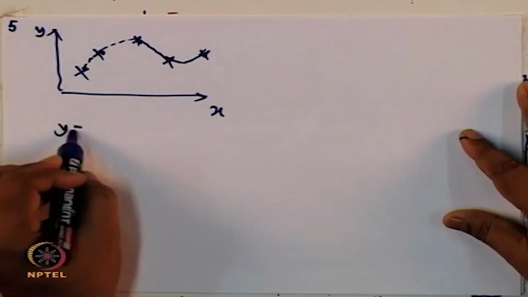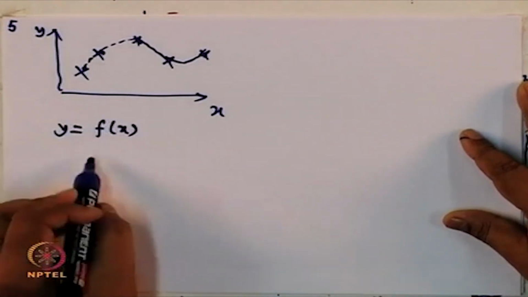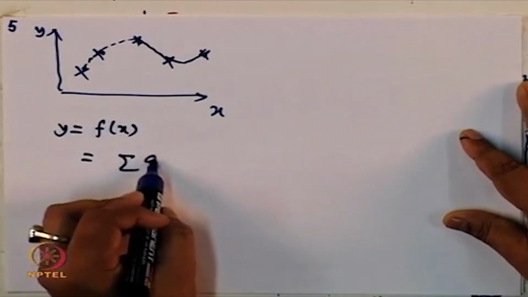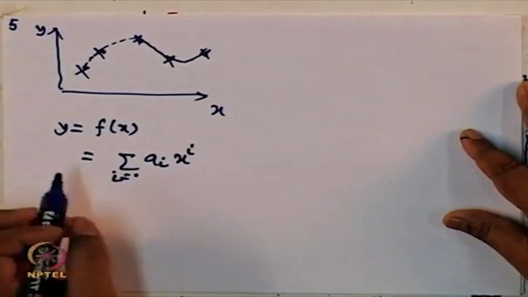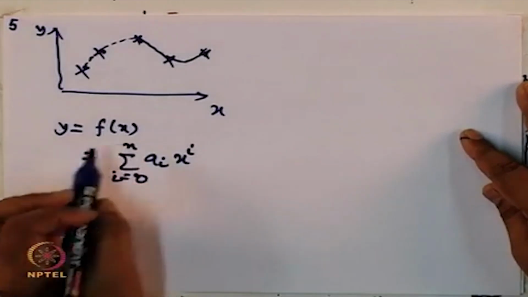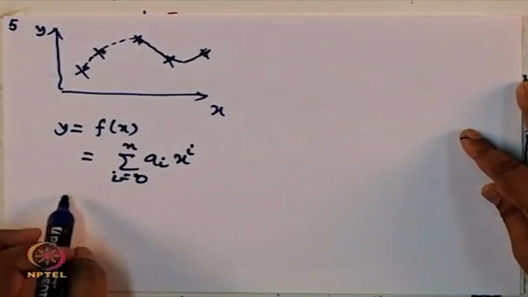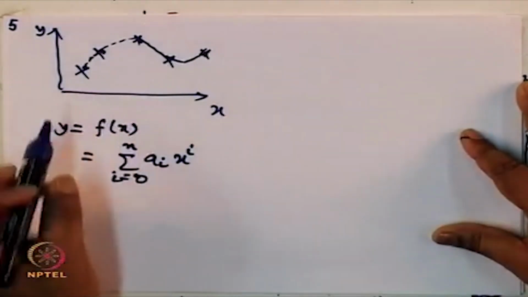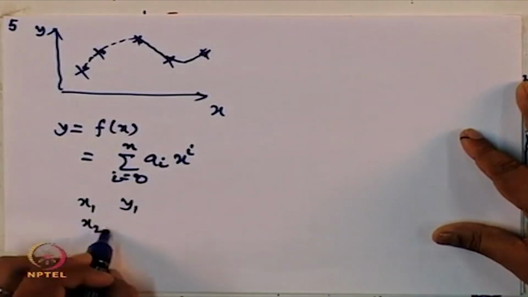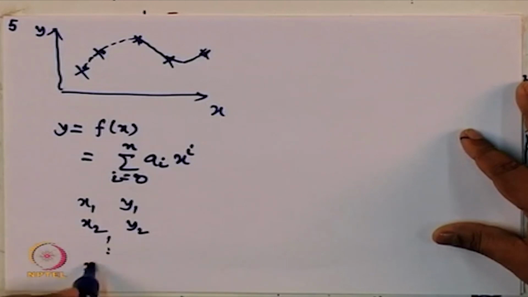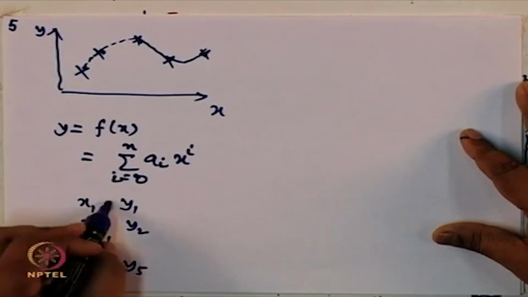So, in the polynomial equation, y is of the form summation a_i x to the power i, okay, i is equal to 0 to n. Okay. So, let us say if I have 5 points to fit, that means I have at x1 the value is y1, at x2 the value of y2, so on and so forth, up to x5 the value is y5. Okay.